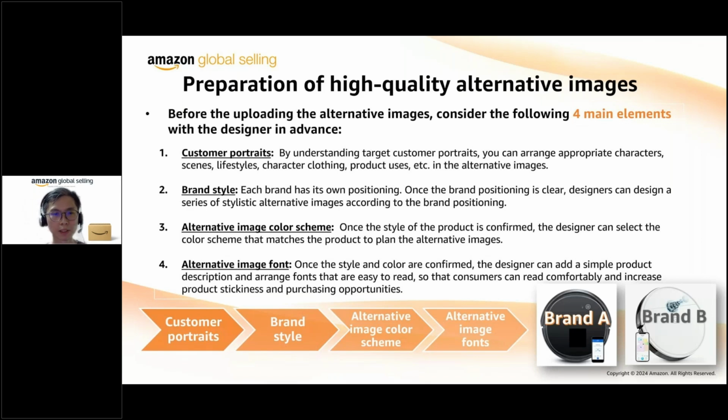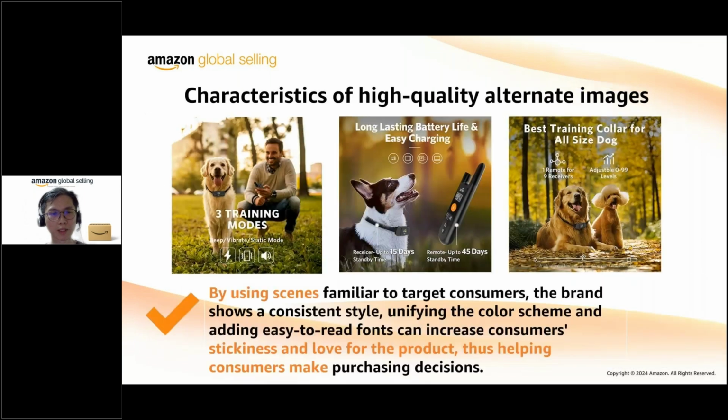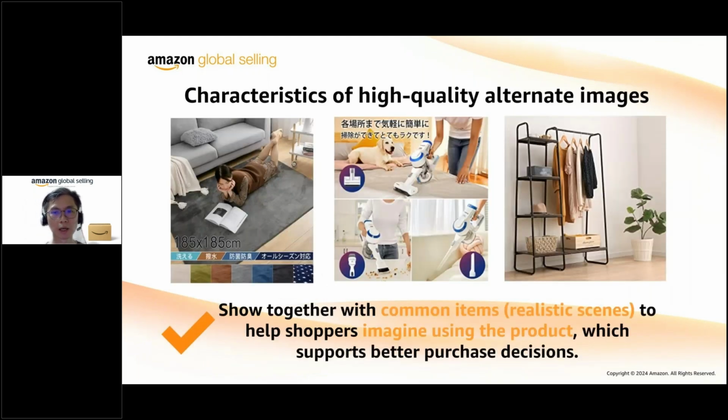Some examples over here that you can see: using scenes to make it more relatable in terms of where your products can be used. Similarly, if you're selling products that you can use at home, put them in a way that shows the possible situations and settings where your product can be used.